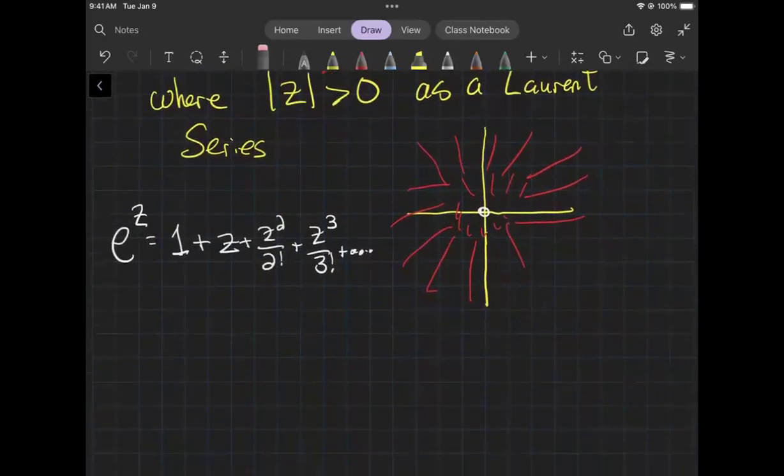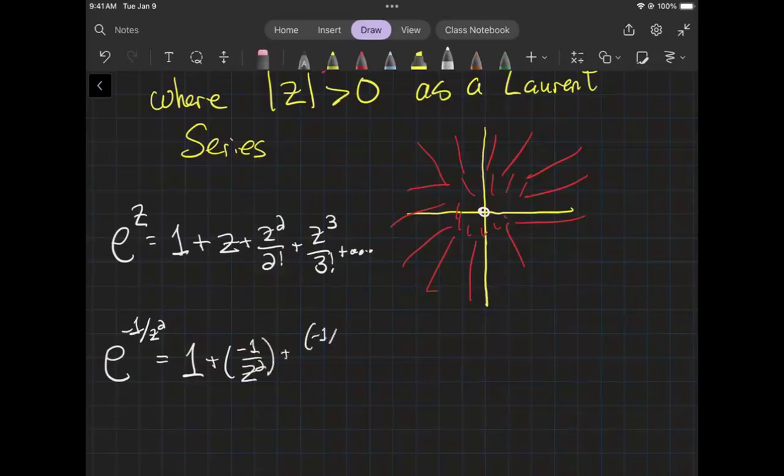So if I want to look at the derivation of e to the minus 1 over z squared, just plug in minus 1 over z squared for each z term in the Maclaurin series, right? So it'll be 1 plus minus 1 over z squared plus (minus 1 over z squared) squared over 2 factorial plus (minus 1 over z squared) cubed over 3 factorial, plus. This pattern keeps going.